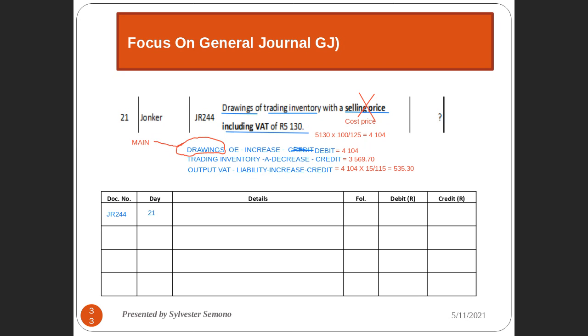Thank you so much. Remember, the one that is debited we must start with. Do we have any other account that is debited? No. So meaning now we can credit trading inventory, and we can also credit. We know the amounts already, we just copy and paste.